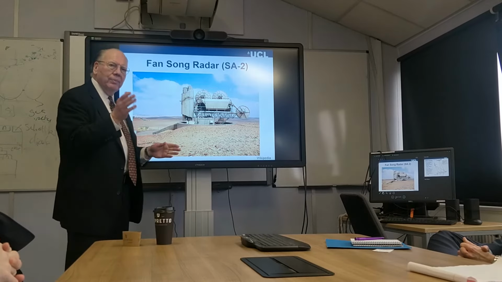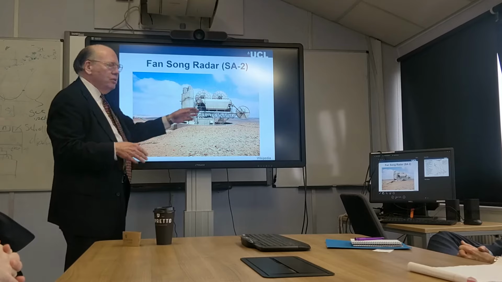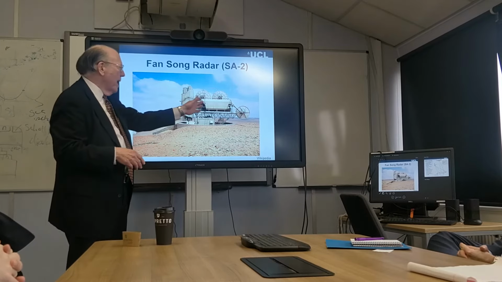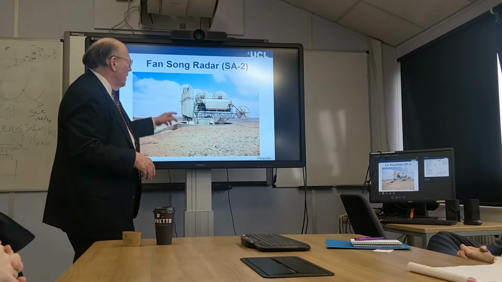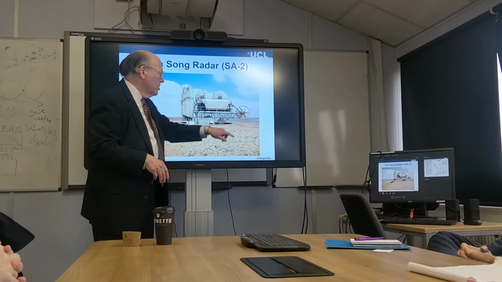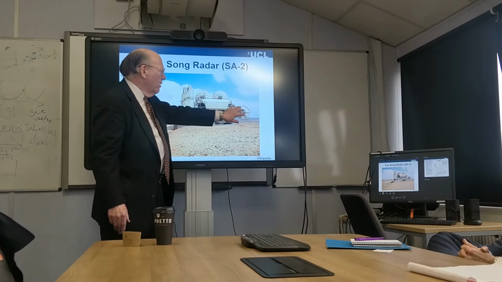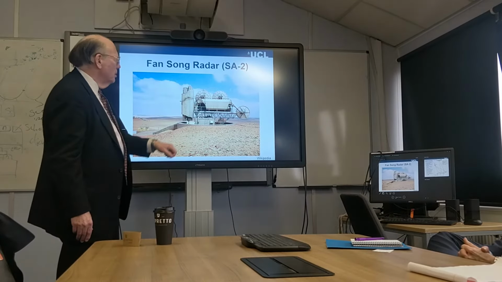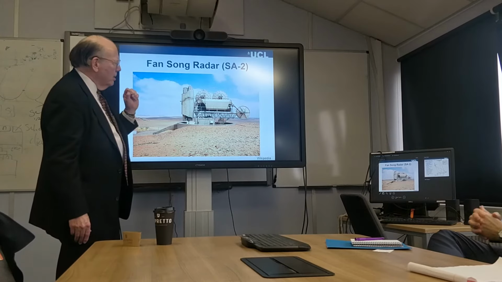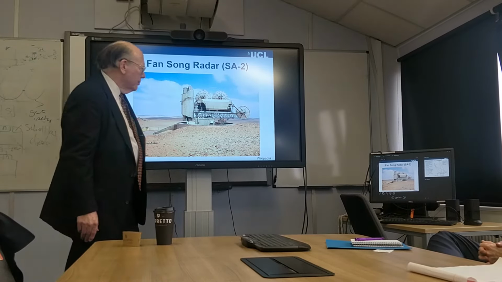The other has a fan beam that's oriented in the vertical, and it sweeps horizontally, so it gives azimuth information. And then these are auxiliary systems. This is a missile control system. It has a separate RF link to the missile, so it provides command guidance to the missile as it goes to the target.